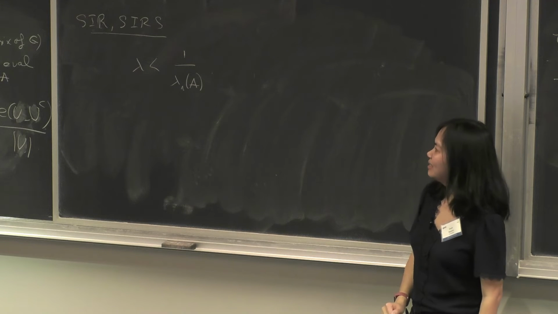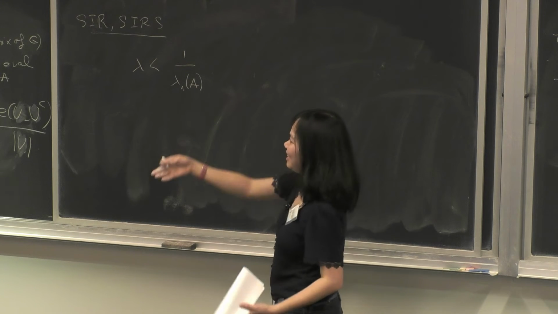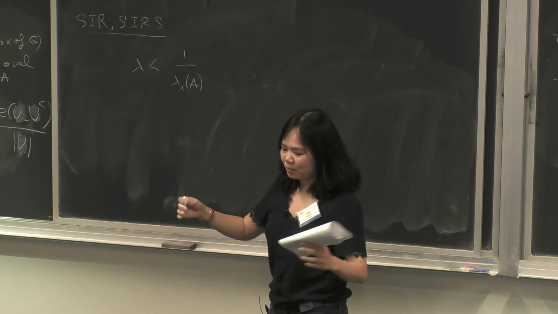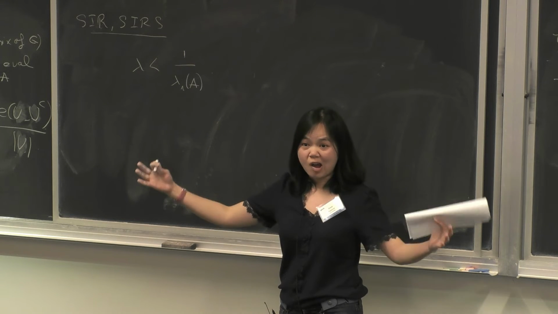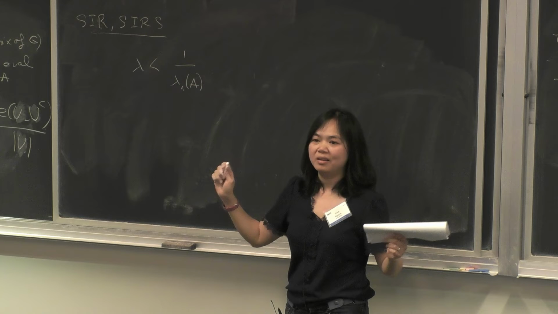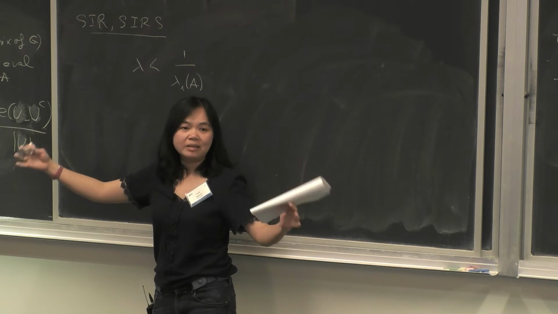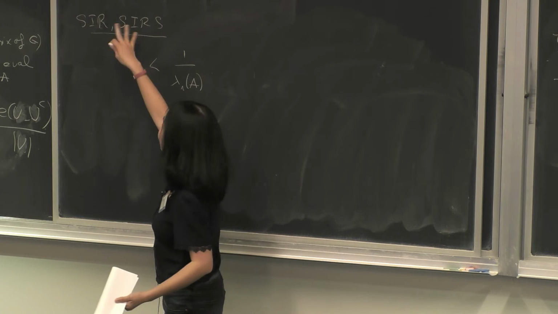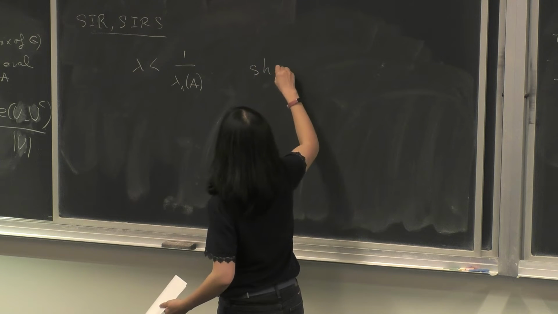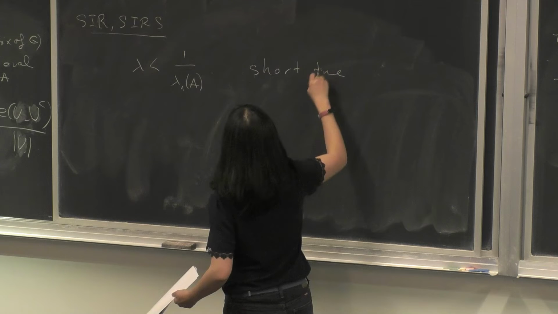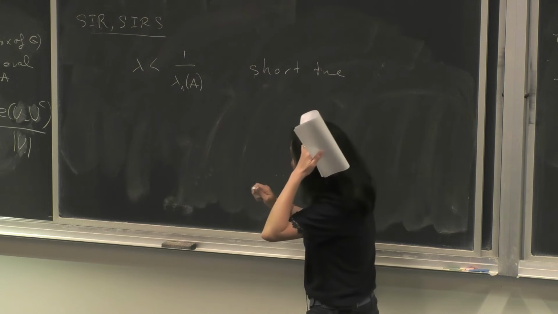Yes, it does, because the process on SIS survives for the longest time among the three, since these have an immunization period, and so these survive for a short time. Trivially coming from the SIS.